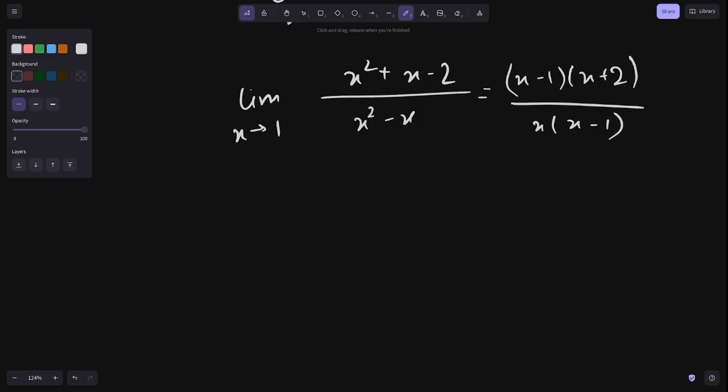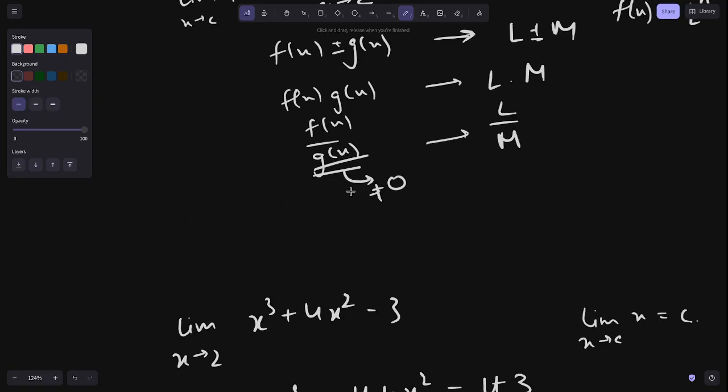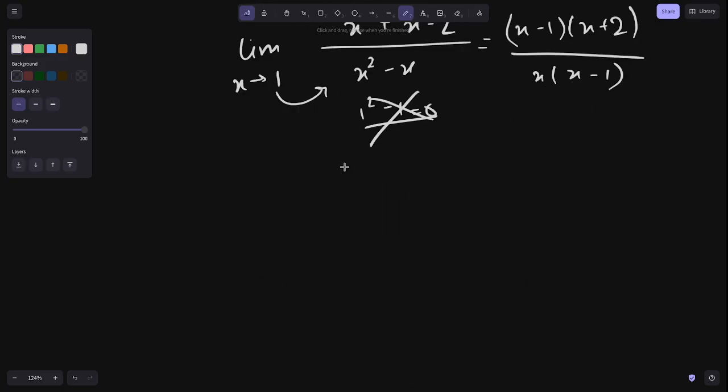See here, if you put the value of 1, it will become 1 square minus 1, and you get 0. So you cannot basically put the value there. You get a division by 0. If you remember the division rule, you can only do this division if g(x) is not equal to 0.